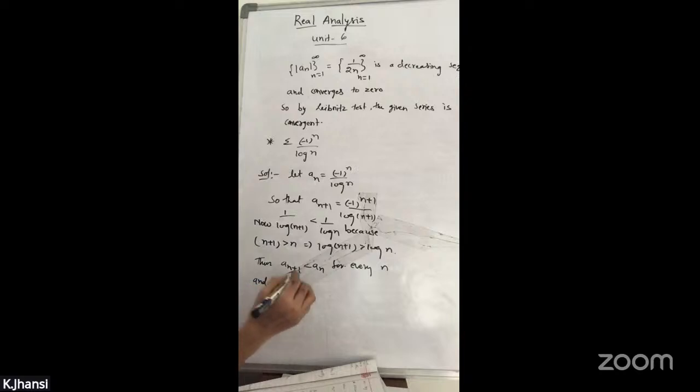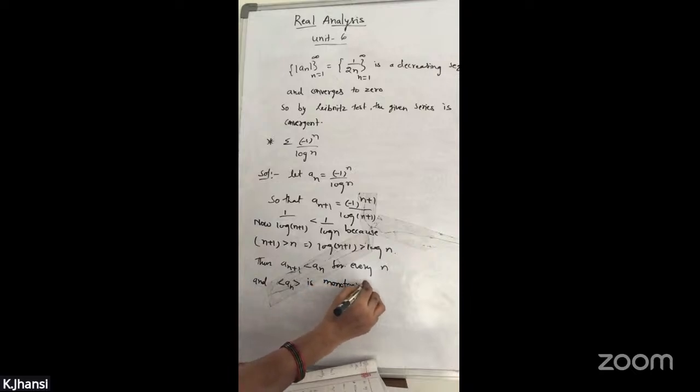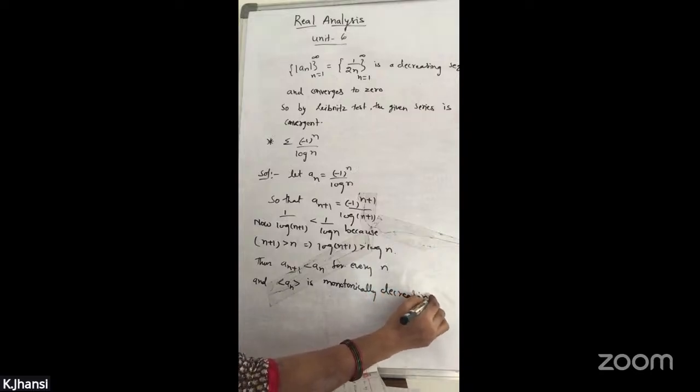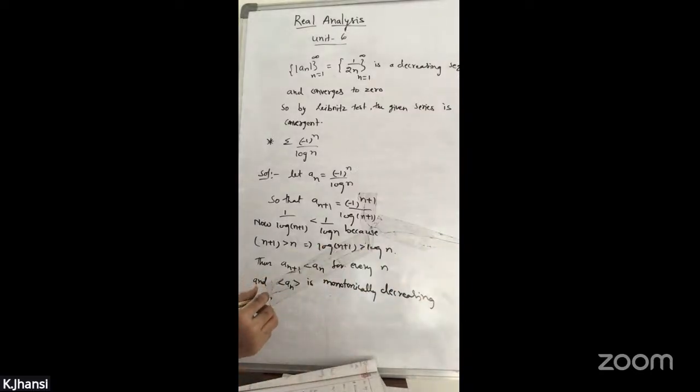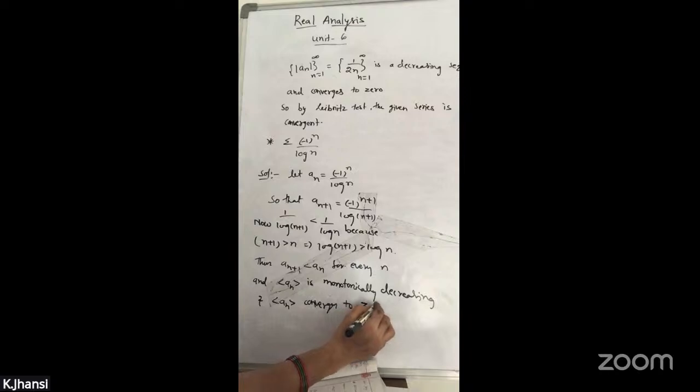And the sequence an is a monotonically decreasing sequence, and the sequence an converges to 0.